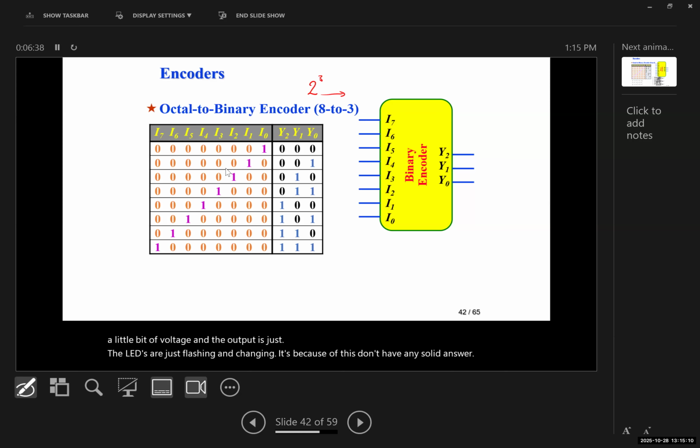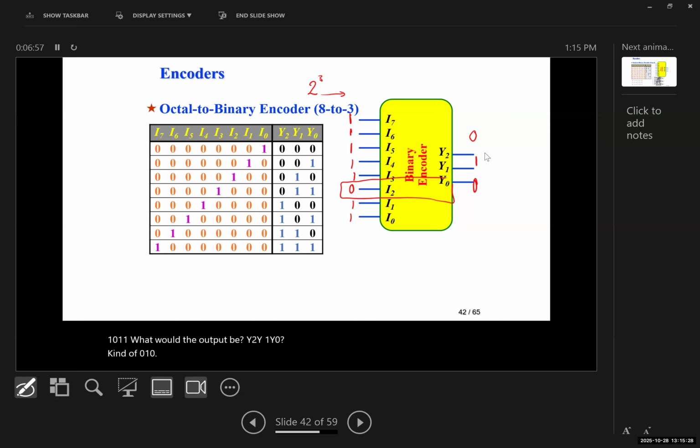And again, we have this for active low as well. So if this is 1, 1, 1, 1, 1, 0, 1, 1, what would the output be? Y2, Y1, Y0? 0, 1, 0. Because I2 is active and 0, 1, 0 is equal to I2. Okay. And this is for an active low situation.